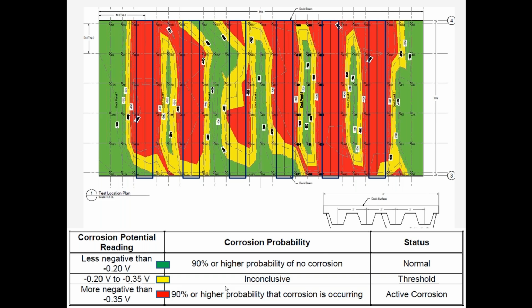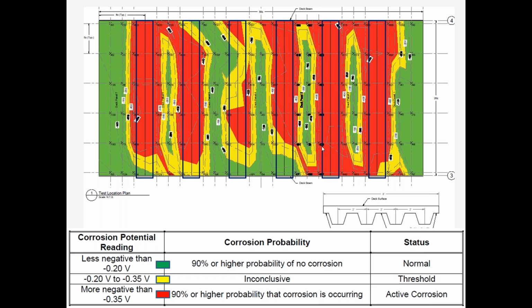So what we've got here is a drawing of a parking garage, or a section of a parking garage that we tested. These panels are about 30 feet long in this direction, and about 8 feet wide in this direction. There's a joint in between each panel, and you can see where the joints are. That's where we're getting most of the highest potential for corrosion, because we know what happens in the joints, right?